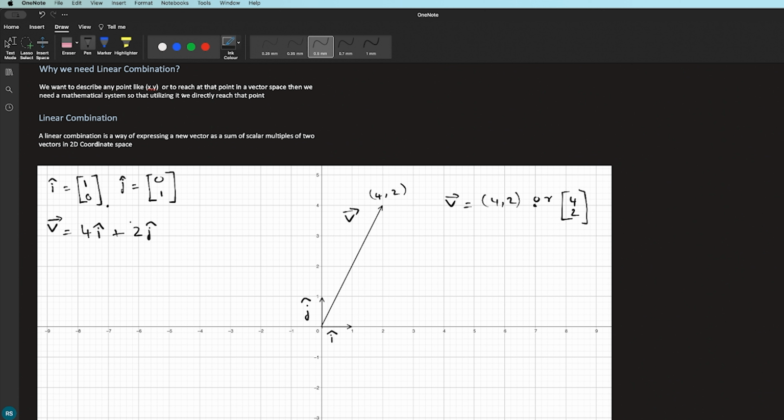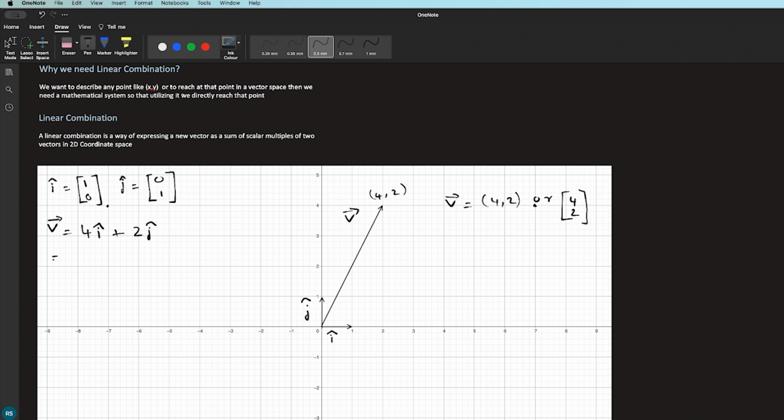You may be wondering why I am writing this equation. As per the definition you have seen, the new vector must be a sum of scalar multiples of two vectors. These are the two standard basis vectors, and I am multiplying them by scalars.